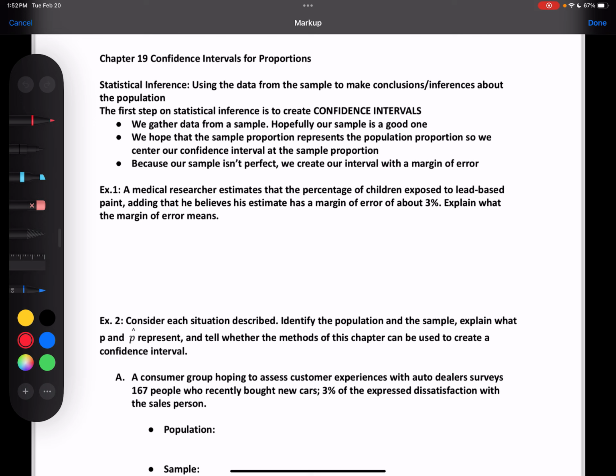A medical researcher estimates the percentage of children exposed to lead-based paint, adding that he believes his estimate has a margin of error of about 3%. Explain what the margin of error means.